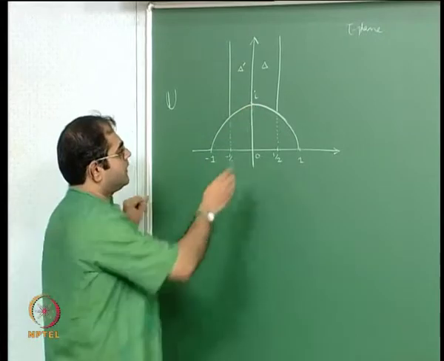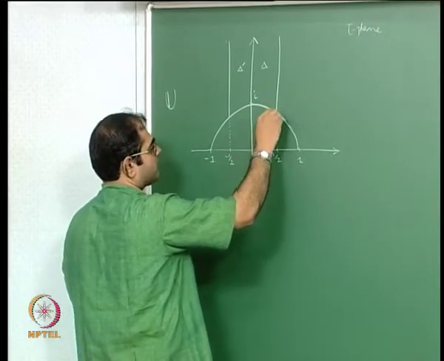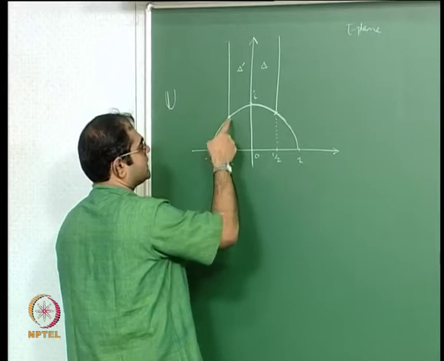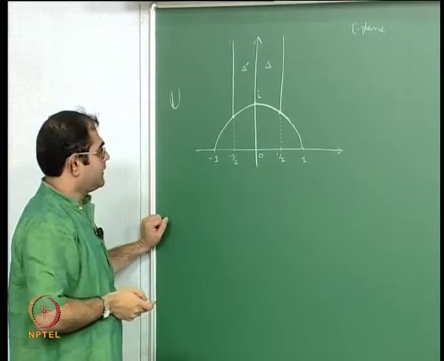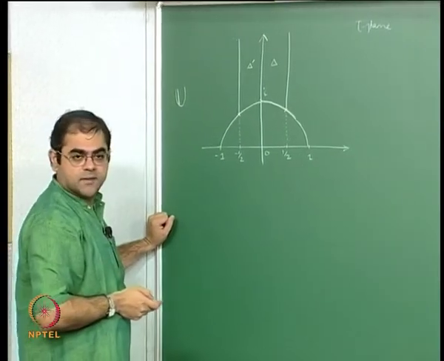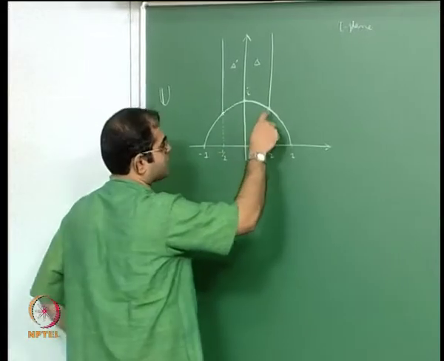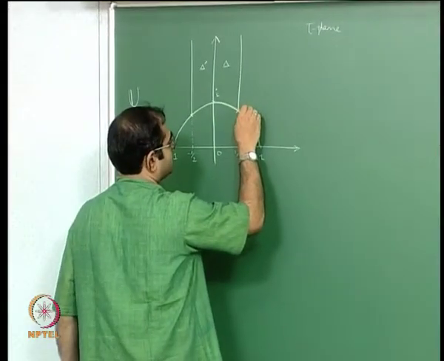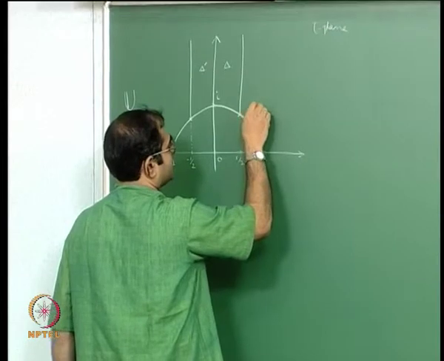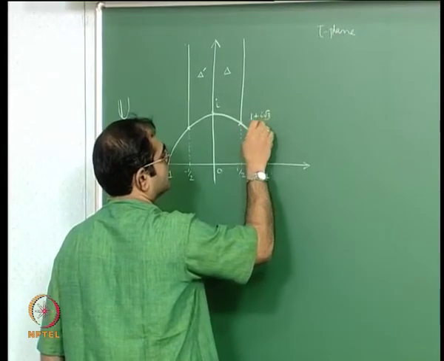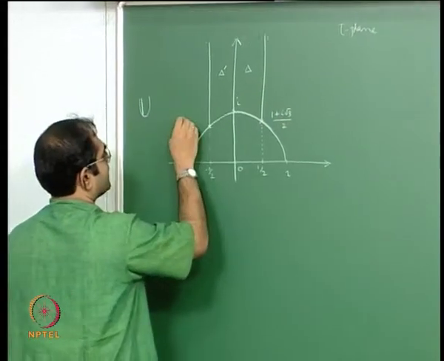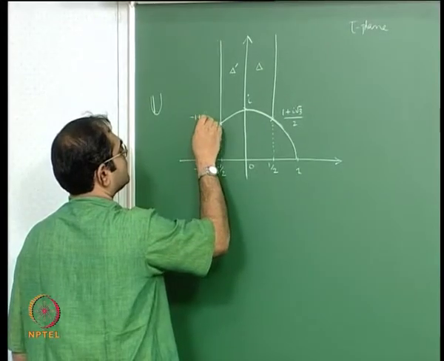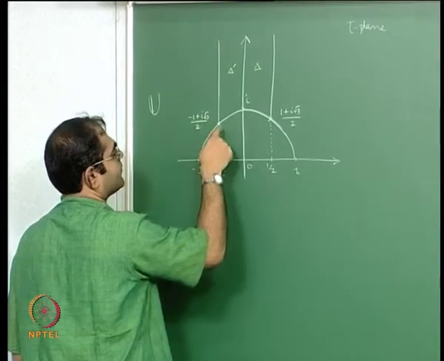So these two points, this point corresponds to one complex cube root of unity. So this point is 1 plus i root 3 by 2, and this is minus 1 plus i root 3 by 2, that is this point.